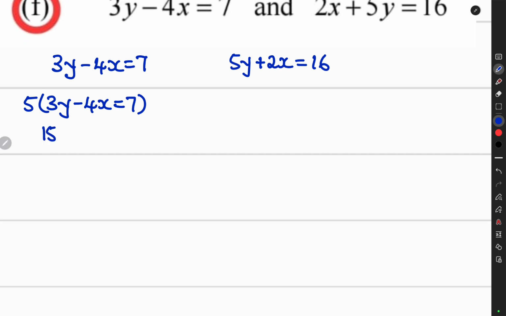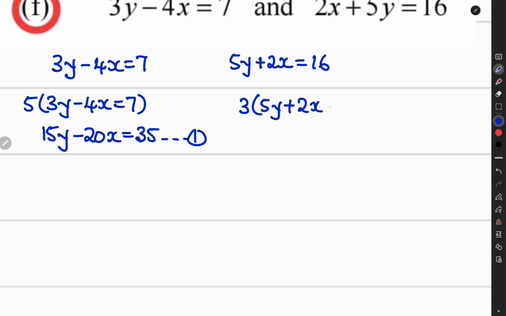This will be 15y minus 20x equals 35. This becomes equation 1, followed by 3 into 5y plus 2x equals 16, which will be 15y plus 6x equals 48. This becomes equation 2.